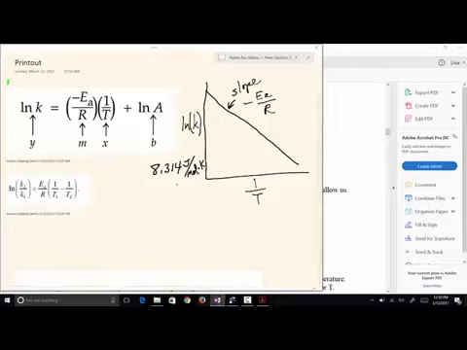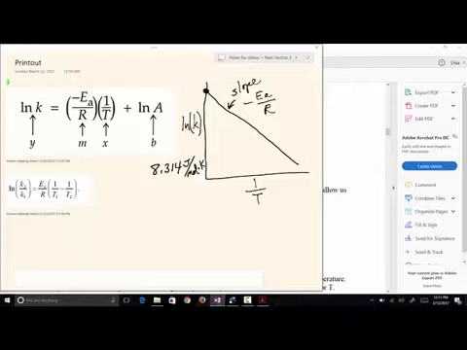Using that R value, from the slope of our graph data, we can find the activation energy for the reaction. The other thing is that if it ever asks for the frequency factor, the y-intercept is the natural log of the frequency factor of this line. So we can get the frequency factor if we need it.